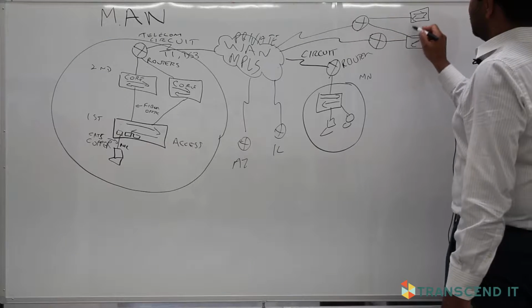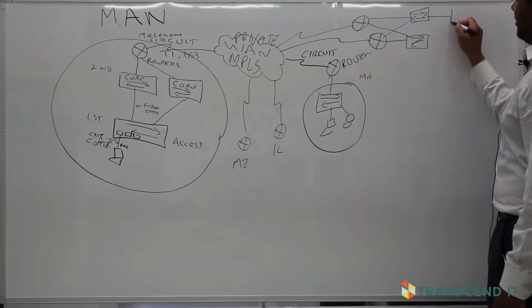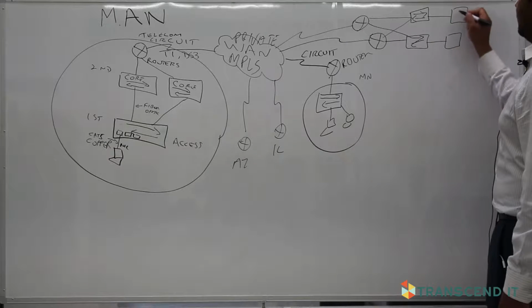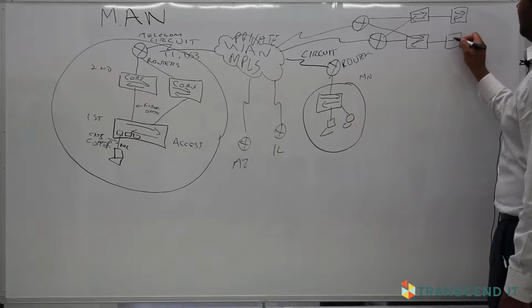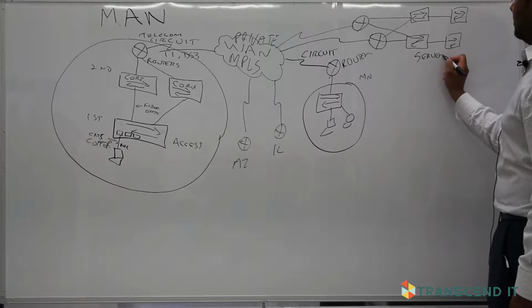So they'll be connected in some kind of redundant way like this, and you'll have all kinds of other switches here. So this is where all of your servers are going to reside.